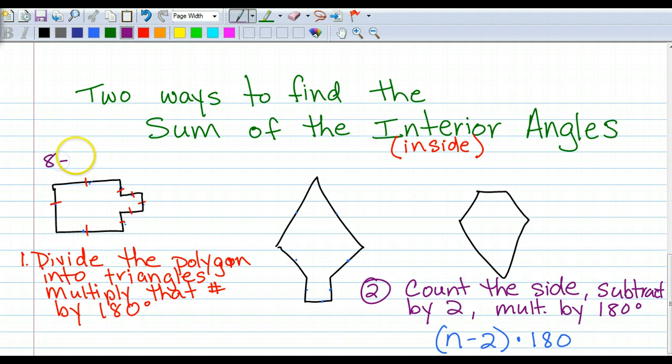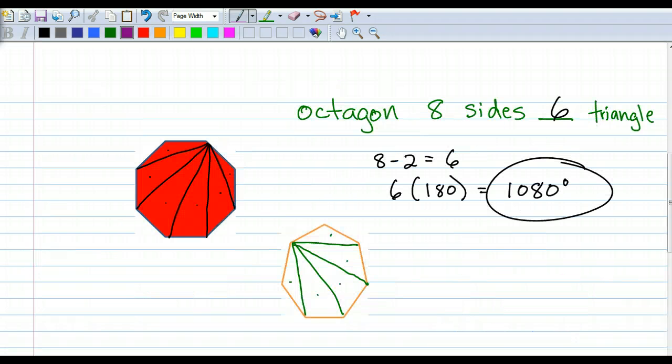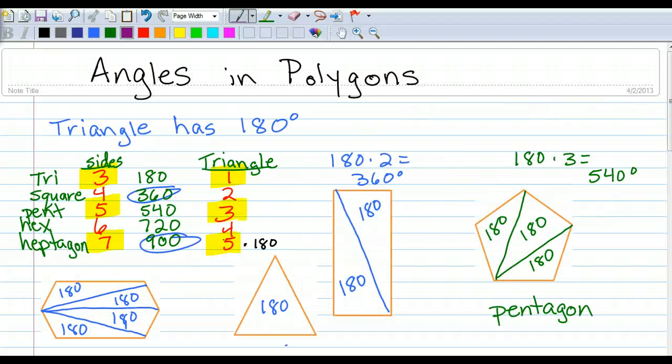But we do the same thing. 8 minus 2 equals 6 times 180. And 6 times 180 gives me 1080. That looks like the same amount it was for my polygon that looked like a stop sign. And it's going to be the same because they have the same number of sides.